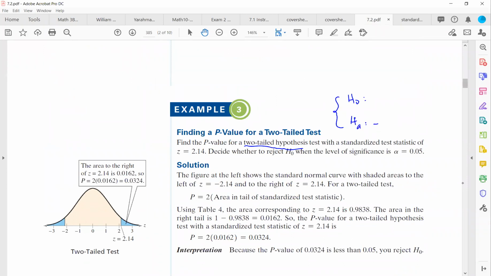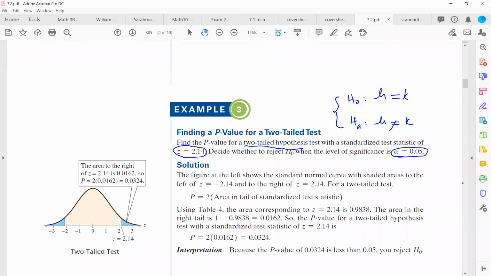So suppose in this case, mu is not equal to k. So your null hypothesis mean is equal to a number like k. Suppose the test statistic is 2.14. Decide whether to reject or fail to reject the null hypothesis by having a level of significance, which is 5%.